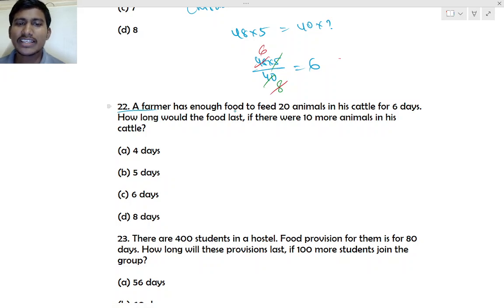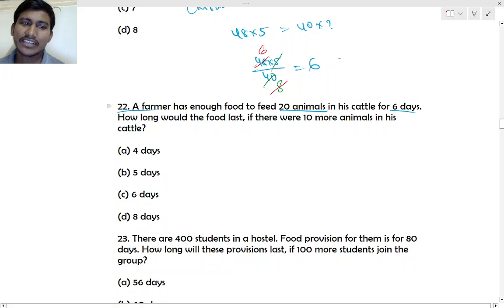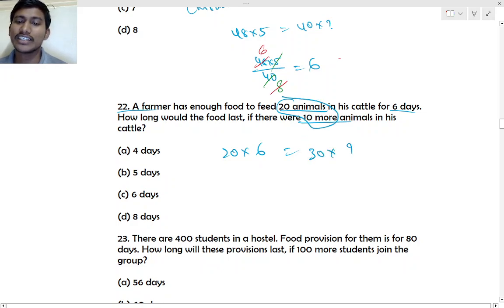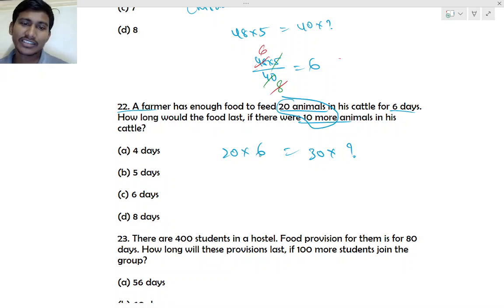Question 22. A farmer has enough food for 20 animals in his cattle for 6 days. How long would the food last if there are 10 more animals? 10 more means 20 plus 10, 30 animals. So 20 into 6 is equal to 30 into how many days.